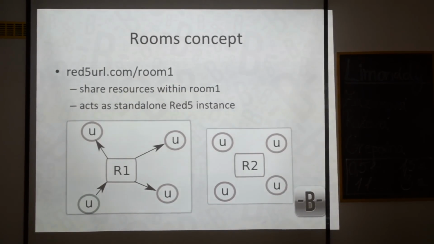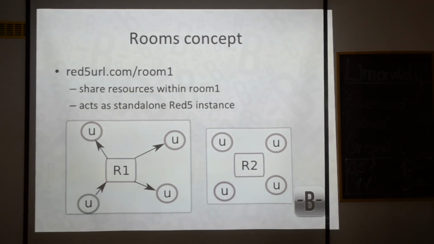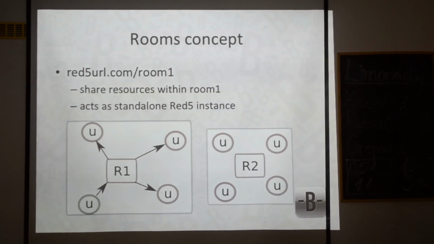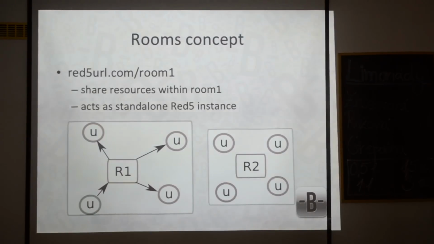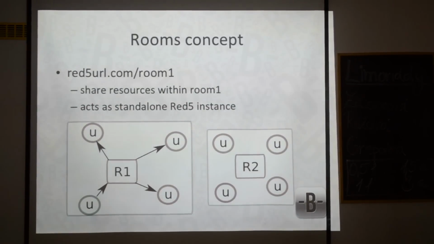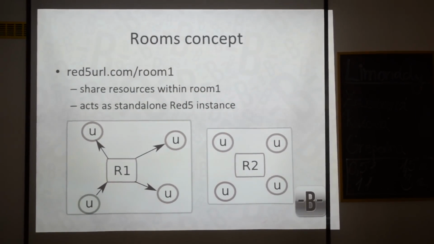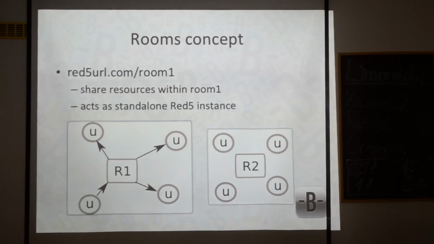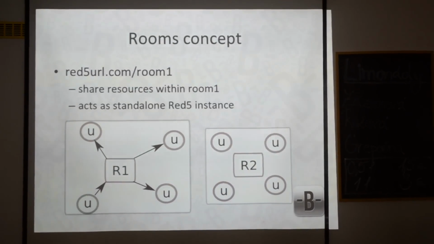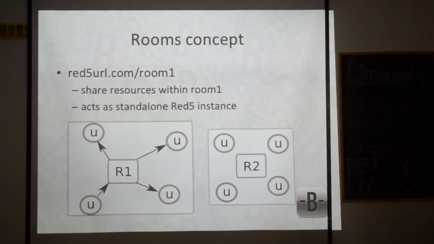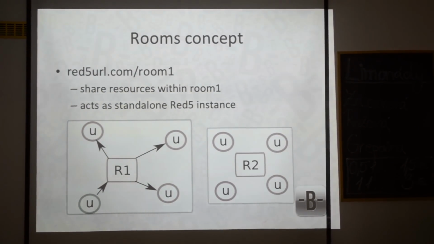One of the features that Red 5 supports out of the box is the so-called rooms support. Basically, if you are connecting to a Red 5 server, you would be calling the URL of this server, but you can append any number of rooms behind the URL in the form of /string/string, and you can share resources within a room, but you do not interact with other resources in other rooms.